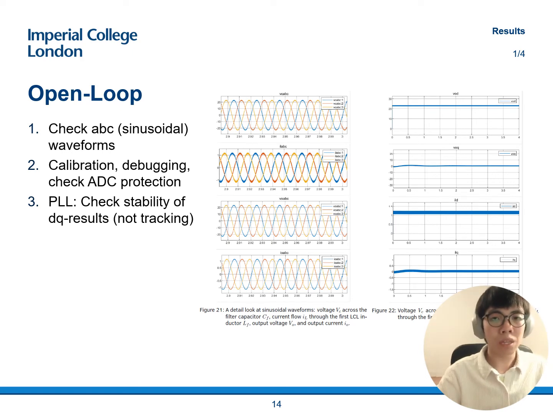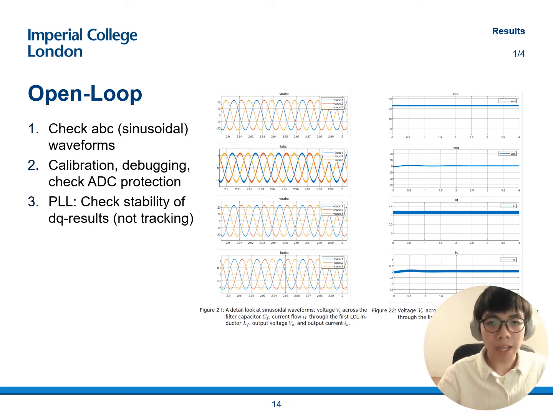One of the things that I checked here is that the amplitude of the ABC waveforms is identical to that of the D reference, provided that there's 0 Q component voltage or current, because they are in phase with each other. This shows that the transform blocks are working as expected.